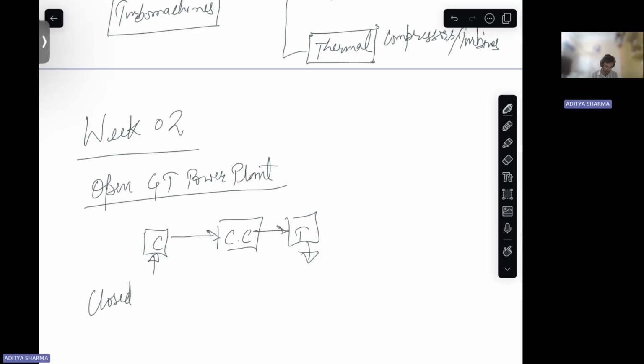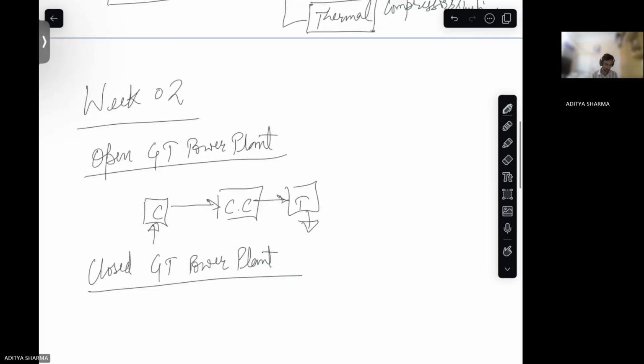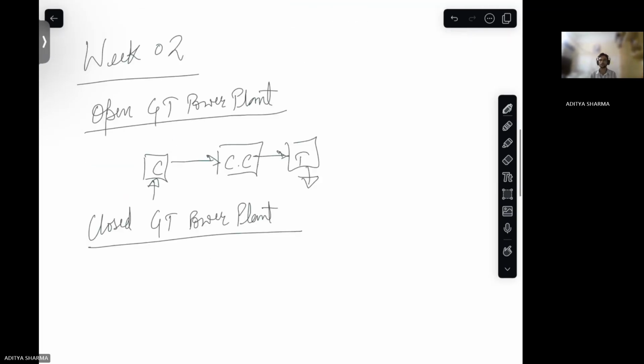Then the closed gas turbine power plant. So what happens here? The same working fluid will keep on moving in the cycle. Okay. Now, the thing is that we want to have heat in the picture in our cycle.